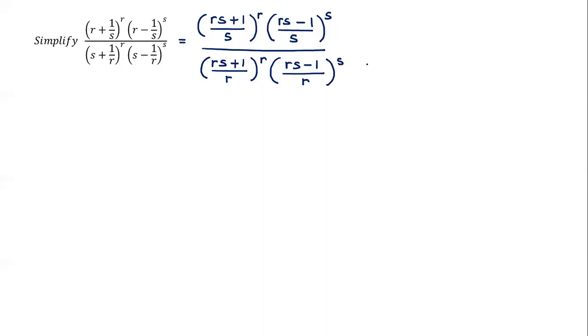So what I did, I changed every single bracket inside this question into a single fraction. Okay, done. Then we move to the second step.